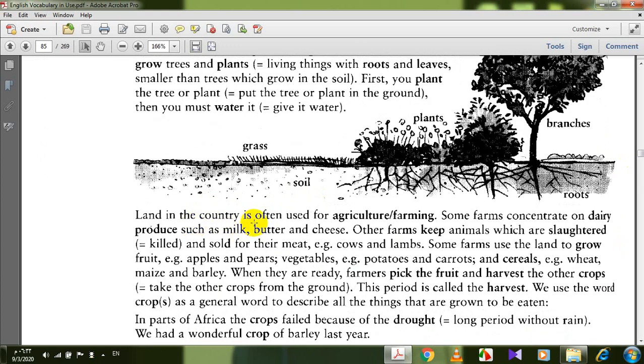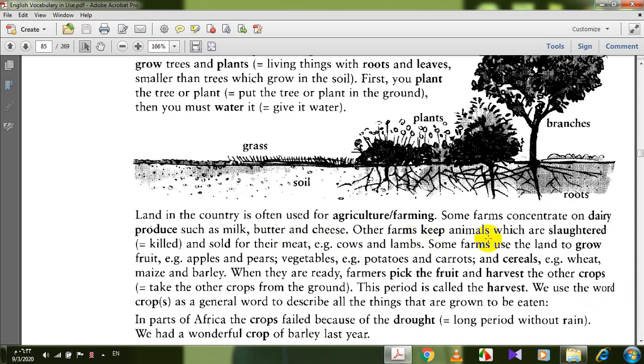Land in the country is often used for agriculture, farming. So if you are in the country and you talk about land, you talk about it in terms of agriculture and farming. Some farms concentrate on dairy produce products, such as milk, butter, and cheese.